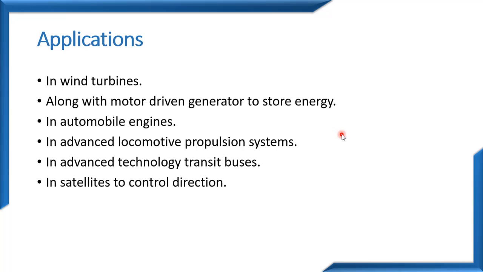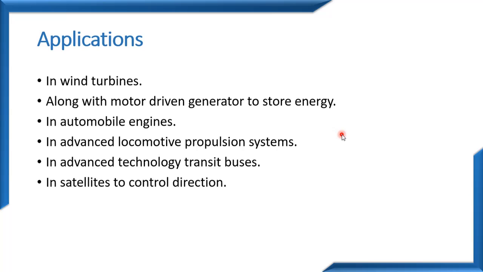Again, it is used in motor-driven generators to store energy. It is used in automobile engines. In vehicle engines, we also use flywheels in our cars. In any simple automobile engine, we use a flywheel so that it will keep the engine running until the engine gets the next stroke or the next energy to proceed.